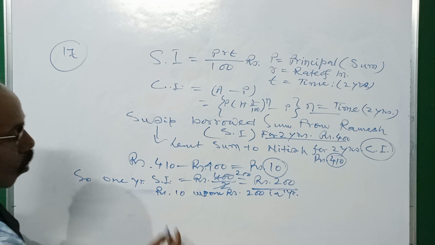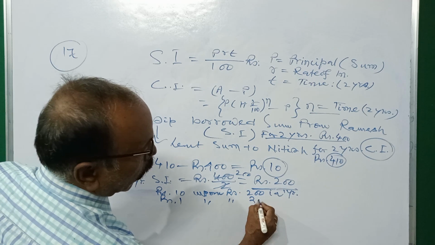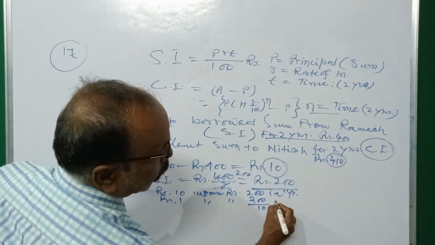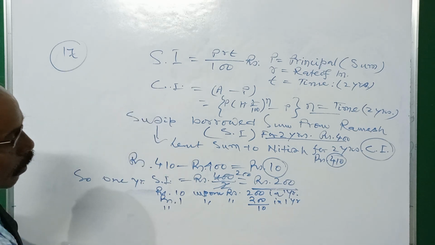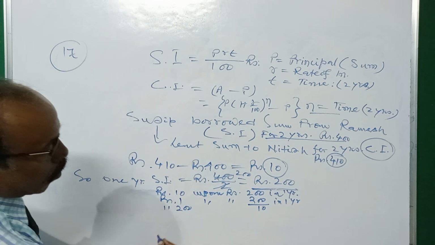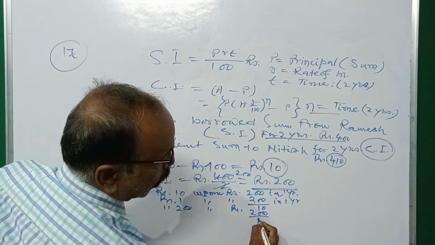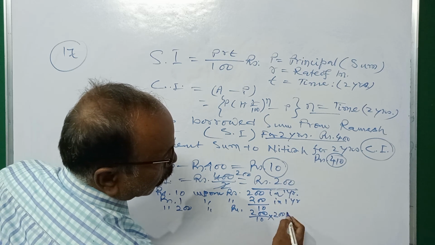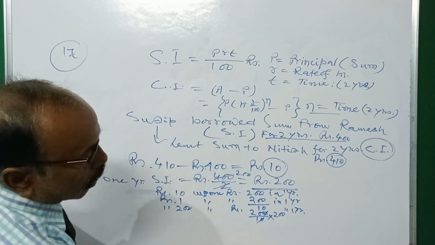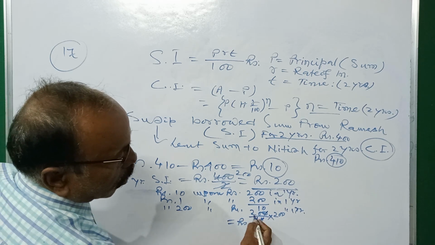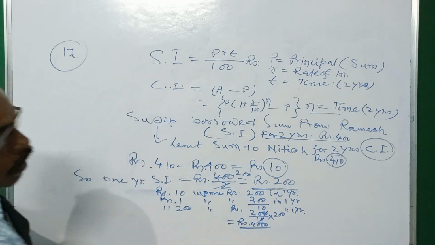Am I clear? Rupees 1 upon rupees 200 divided by 10 in 1 year, and rupees 200 upon rupees 200 divided by 10 into 200 in 1 year. The zeros will be crossed, which is equal to rupees 4000. My dear students, you see, this is the required sum.